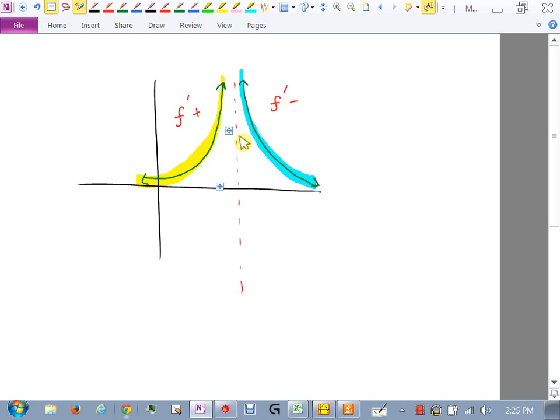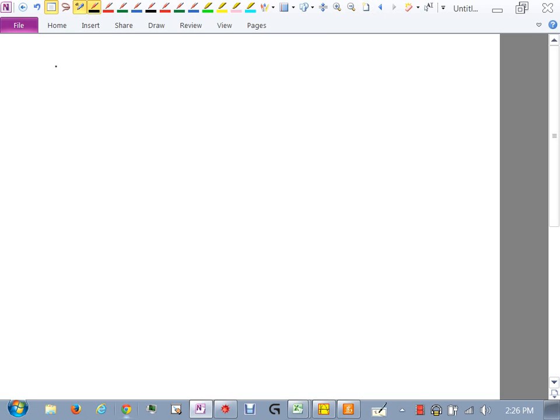So the first derivative tells us about where we go up and where we go down. All right? That's what it tells us. The second derivative also gives us information about a graph. And here's what it is. F double prime, well, you know what? I'll do pictures again.